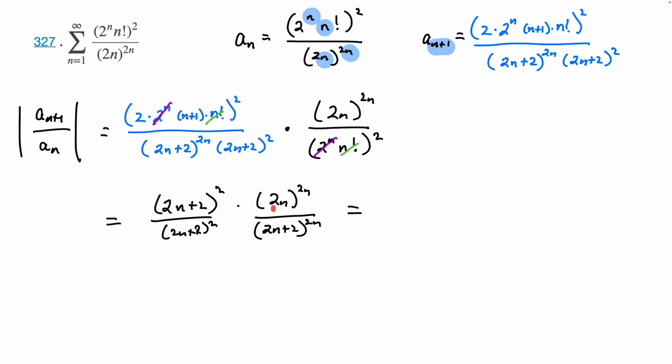And what we can do is we can factor off a 2 from everything. So distribute the power 2n to each factor. Do the same thing in the bottom, factor off a 2, distribute 2 to the n to the 2, and 2 to the n, distribute it to the binomial n plus 1.